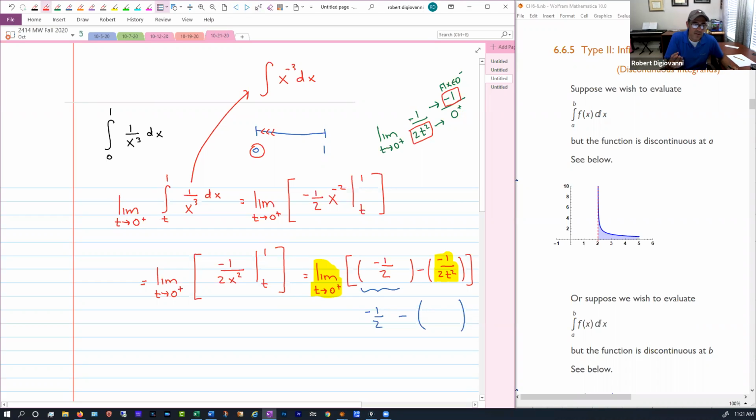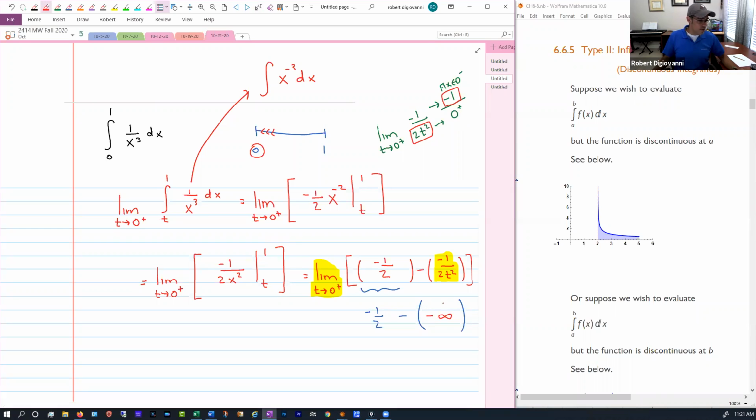You're plugging in a number that's to the right of 0, so you're plugging in a positive number and then you're squaring it. So it's definitely positive. Multiplying it by 2, it's positive. So you have a negative number over a positive number. So your ratio must be negative, and therefore you can conclude it's -infinity.